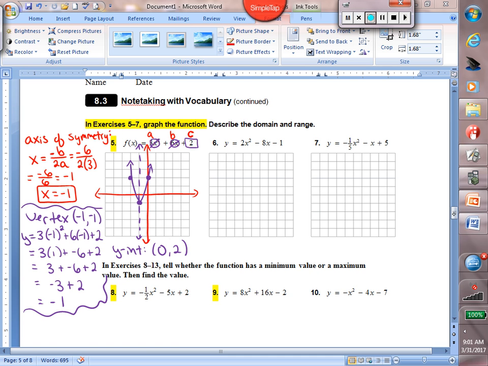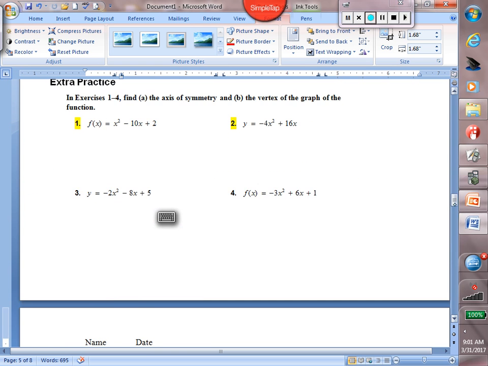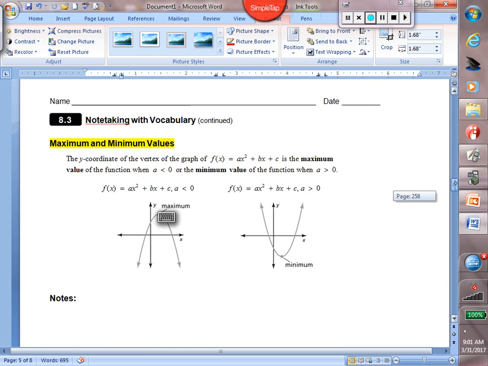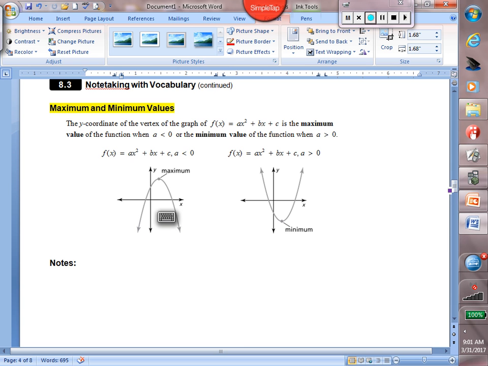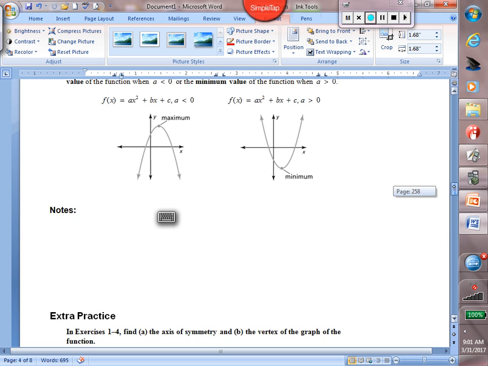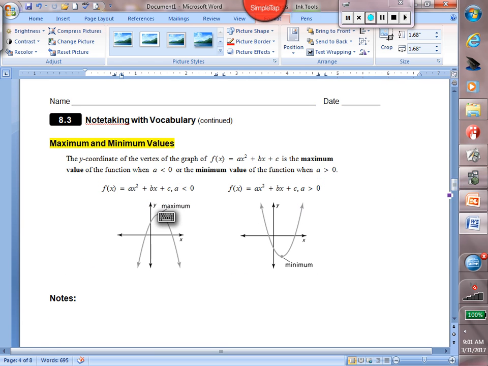The other idea we want to touch on with standard form is the idea of having a minimum or maximum value. So let's go ahead and turn back a page to page 258 in your student journal. And right up at the top, we have maximum and minimum values.